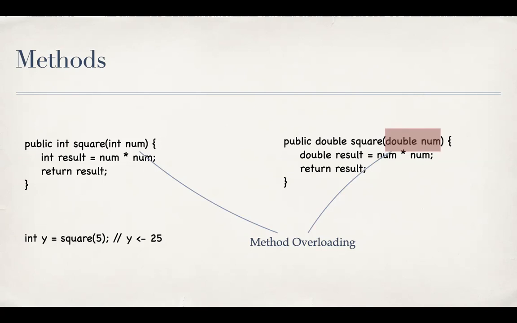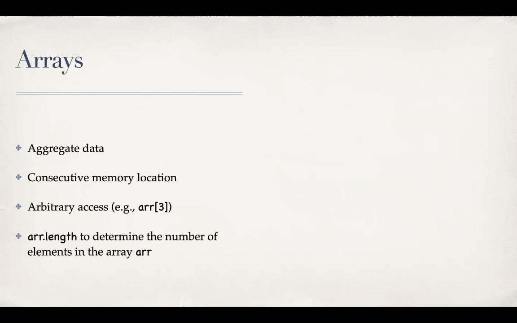Okay. Moving on to arrays. Arrays are aggregate data. Again, pretty much like C, but there are some checks and balances in place compared to C or C++. An array puts data in consecutive memory locations starting from the starting address, and you can access arbitrary elements by doing array square bracket and then the index.